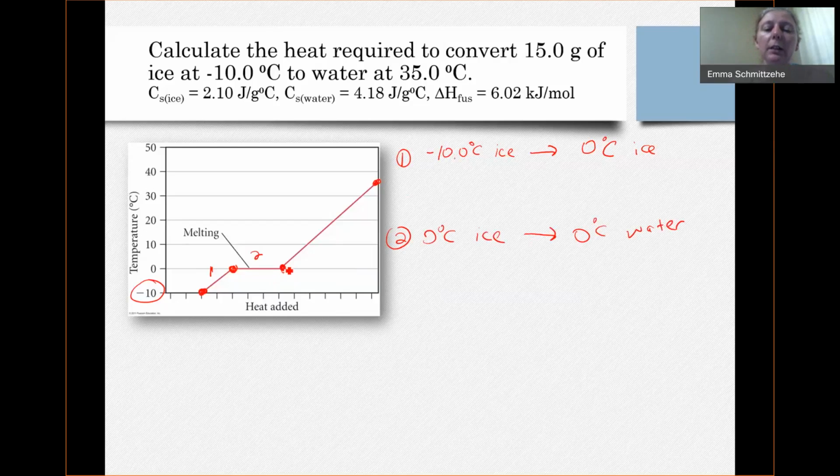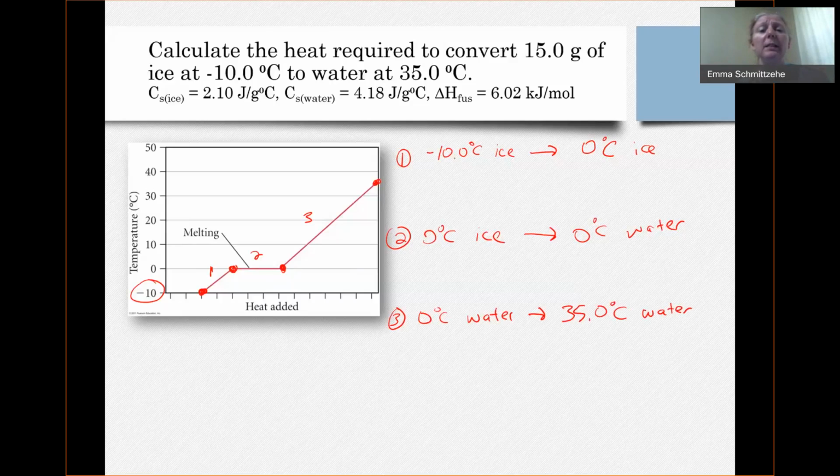And then our third step, we're again increasing the temperature, going from 0 degrees C water to 35 degrees C water. So those 3 steps, it's jumping between temperature and phase changes.